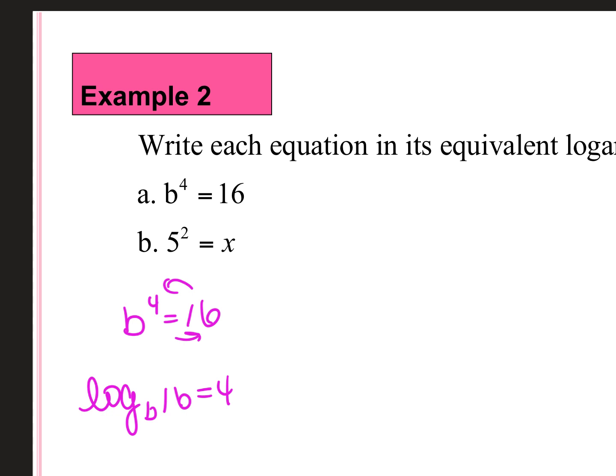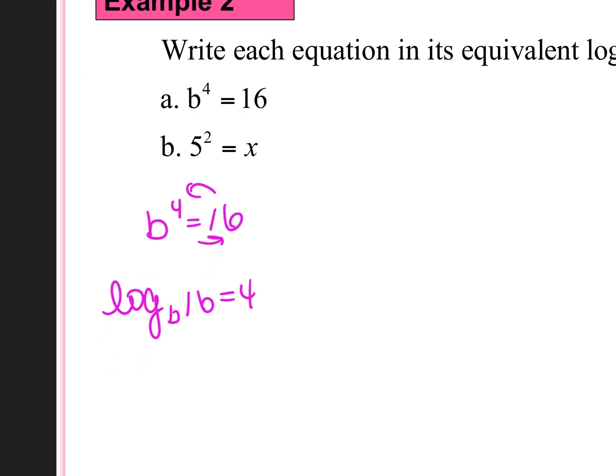So if you had to think about this, guys, what number, if I multiplied it by itself 4 times, gives me 16? What b, if I multiply it by itself 4 times, gives me 16? 2. b equals 2. Our brains think exponentially.